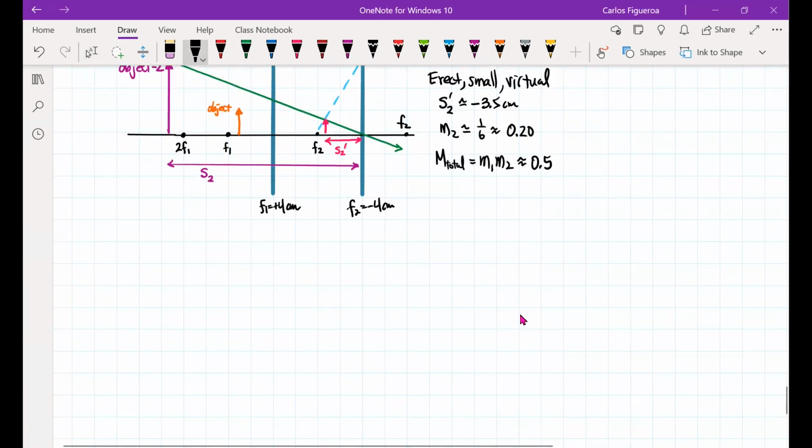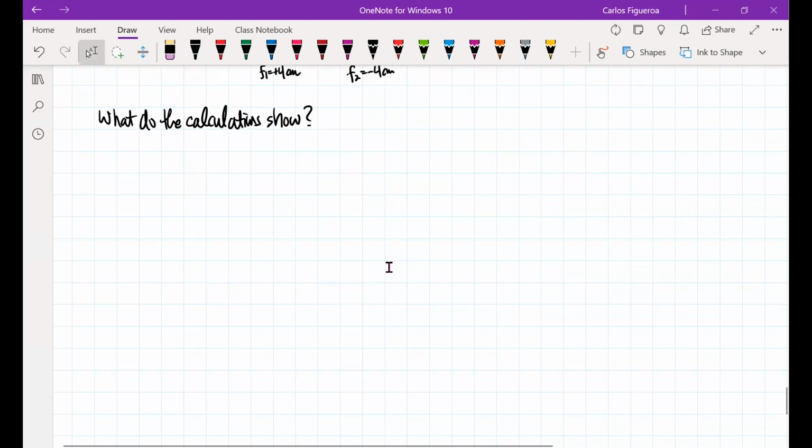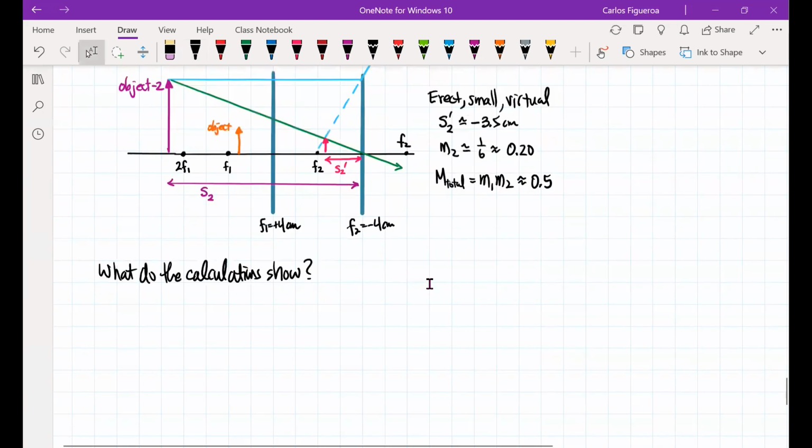Okay, so what do the calculations show? So here we go. So then I've got to do two calculations, so I've got to be really careful here.